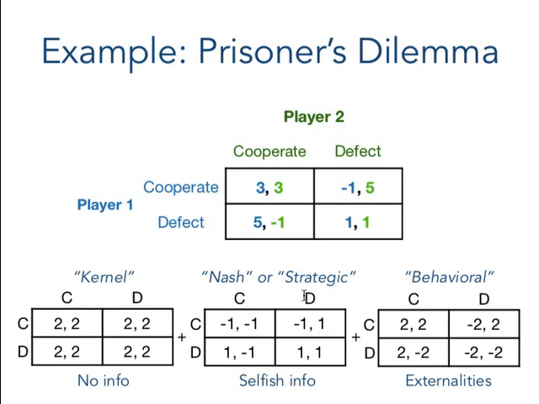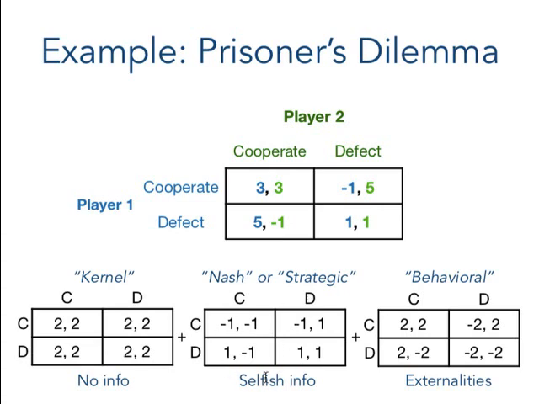If you defect and I cooperate, I get a negative one. Remember, we're only looking at the selfish info component. So looking at the selfish info, I'd rather always defect. I always get a better individual payoff by defecting. So if I'm selfish, then I'm always going to defect. And that is shown right here.